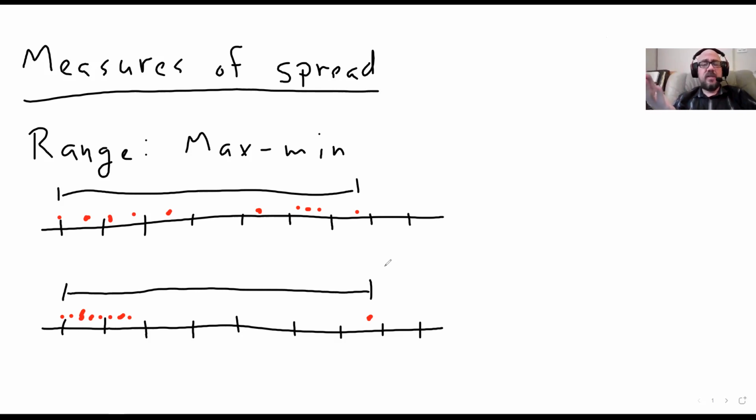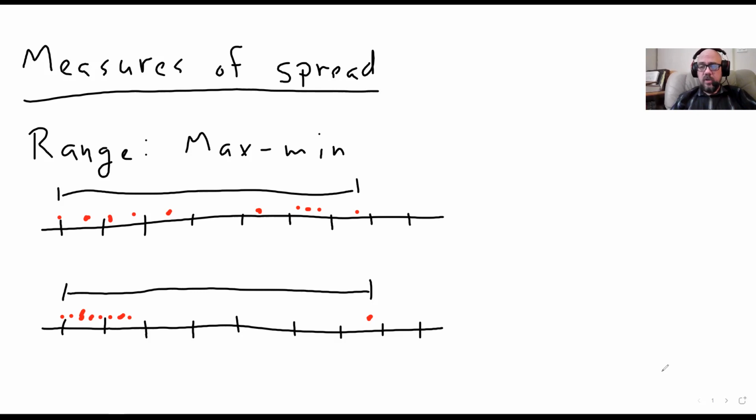Which is where most of your data is. So we don't typically use range. It's not the worst thing if you want a quick and dirty representation of how spread out a data set is, but I generally would not use it because it ignores the important part, which is the middle, which is kind of bad, and you don't usually want to do that.